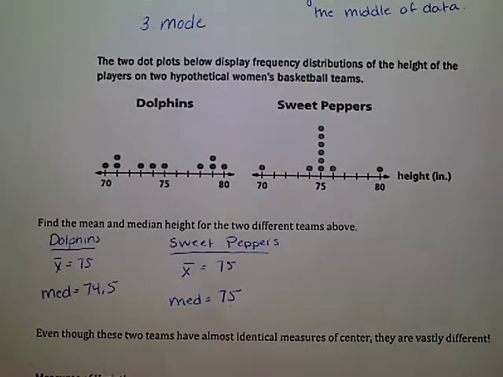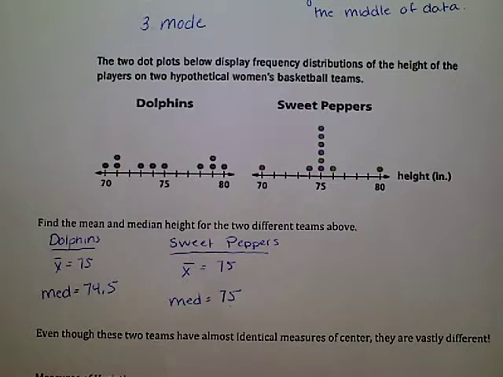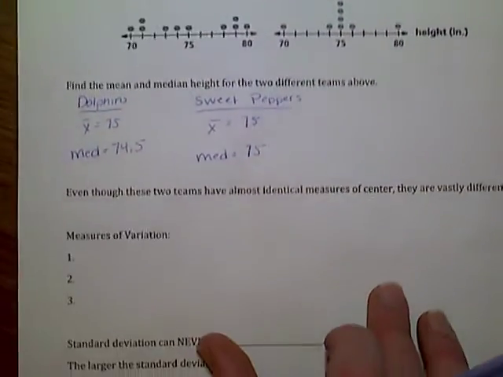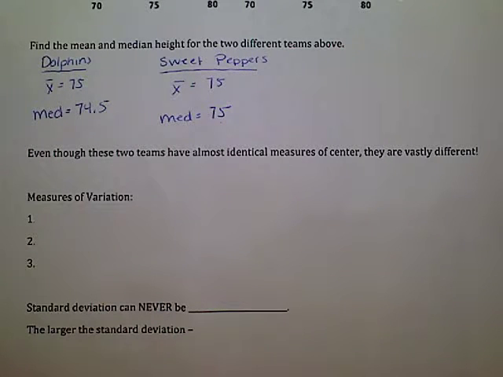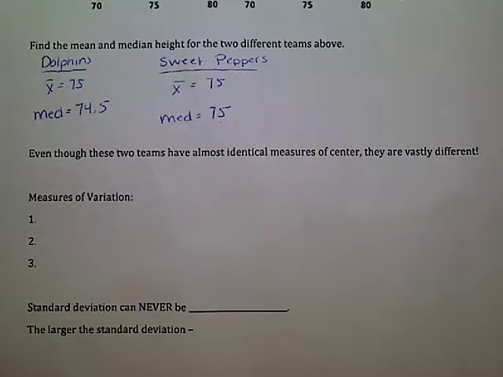Okay, so measures of center are great, right? They give us a good idea of the middle, but sometimes we need an even more detailed analysis of what's happening. And this is when we want to look at the measures of variation. Okay. So for the measures of variation, you can see there's going to be three of them, two of which you already know.